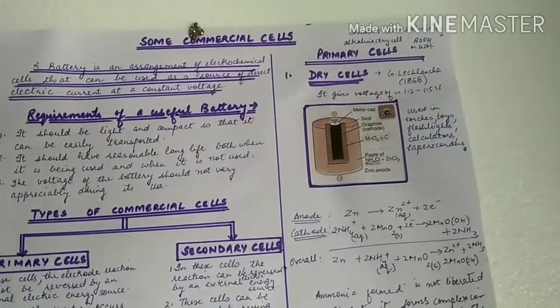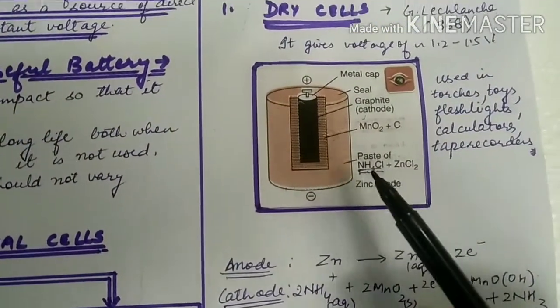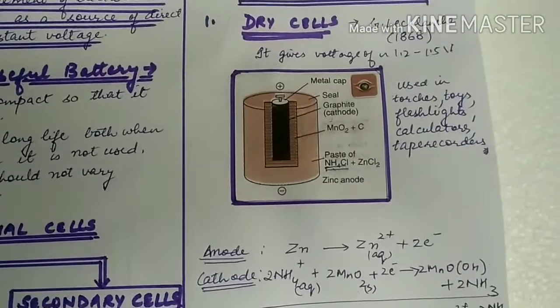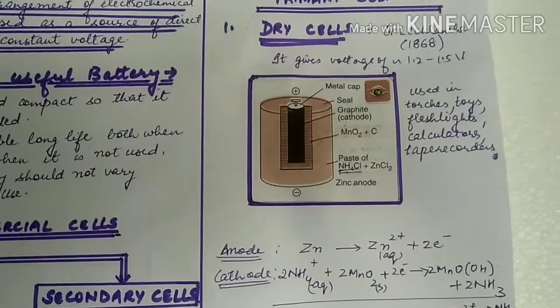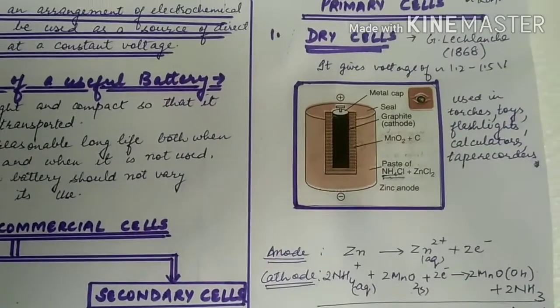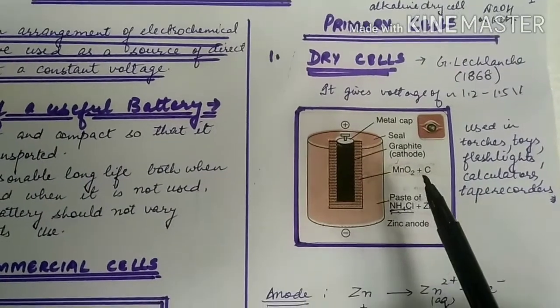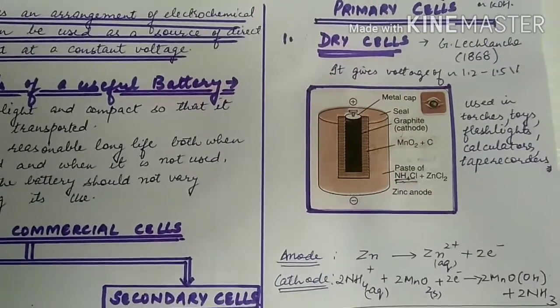it is filled with a paste of ammonium chloride and zinc chloride which acts as the electrolyte. The cathode is a carbon rod which is surrounded by a black powder of manganese dioxide and carbon.